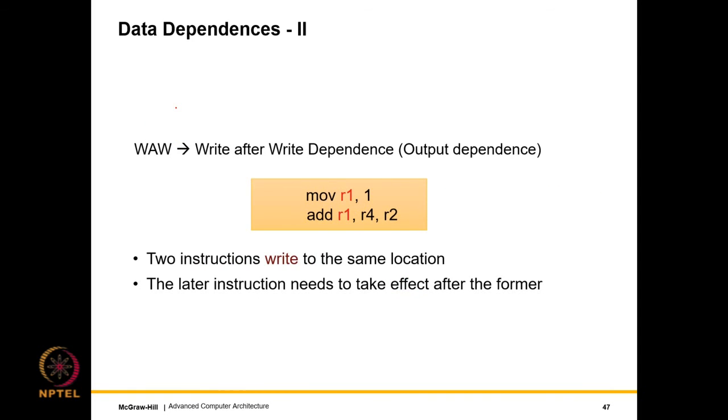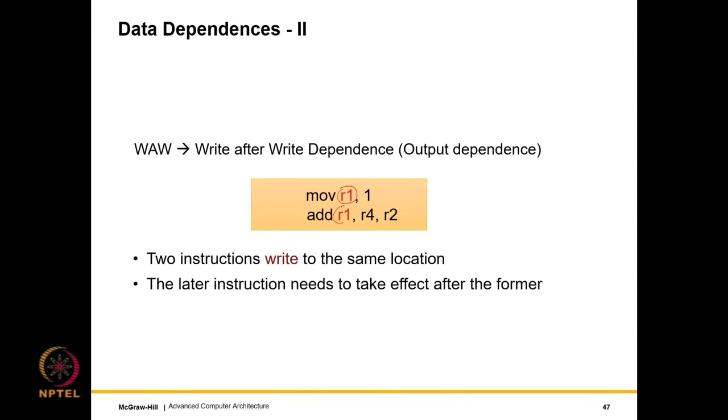Alright, so now let's move on to two other kinds of dependencies which were not causing an issue in in-order pipelines, but will cause an issue in out-of-order pipelines. Consider this piece of code where both instructions write to the same register R1. So essentially the destination is the same.